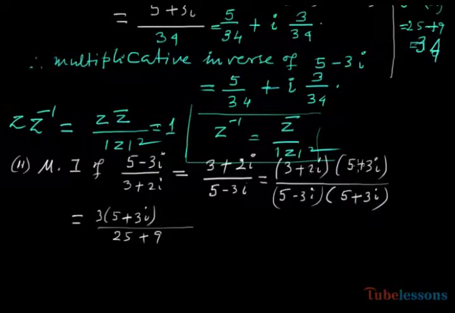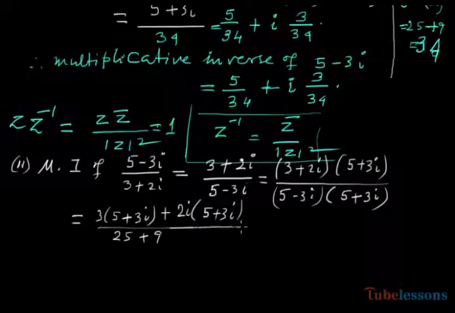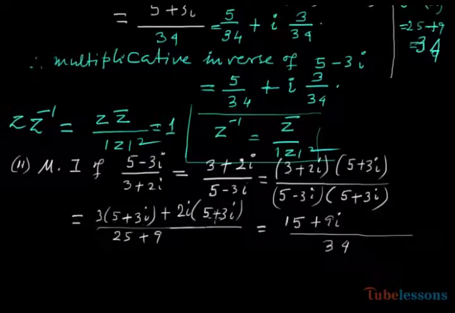So 3 plus 2i is multiplied with these two. Using the distributive law, we get (3 plus 2i) times (5 plus 3i) over 34. Now 3 times 5 is 15, 3 times 3i is 9i, 2i times 5 is 10i, and 2i times 3i is minus 6.